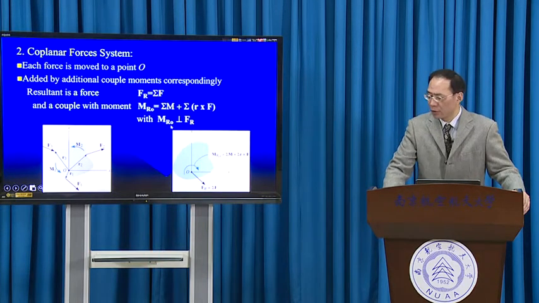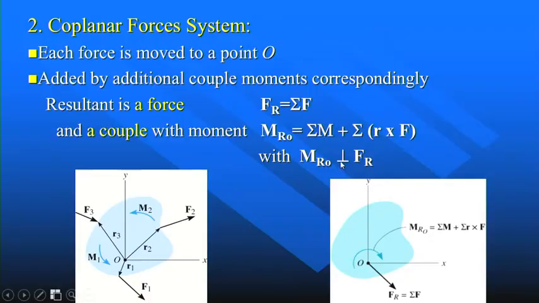That is, MRO is perpendicular to Fr. So in the right diagram, we get the result: a force acting through O with a couple. The moment is given by sigma M plus sigma r cross F.